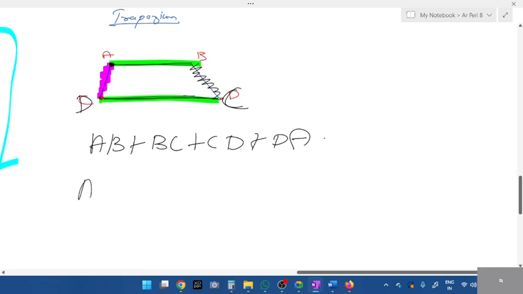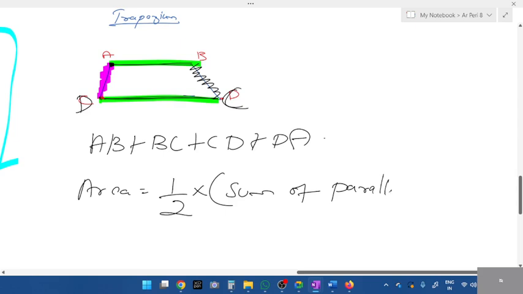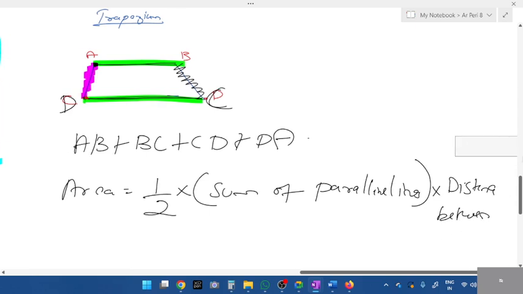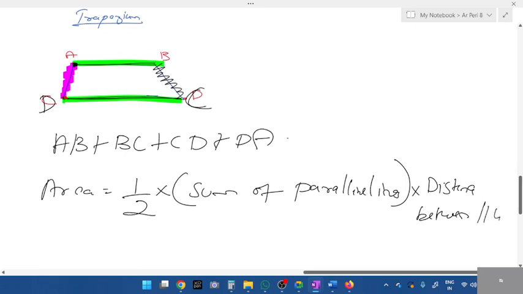Okay, next, when it comes to area, area is most important here. Area formula is 1 by 2 into sum of parallel lines multiplied by distance between them. Through words, it is not possible to understand.